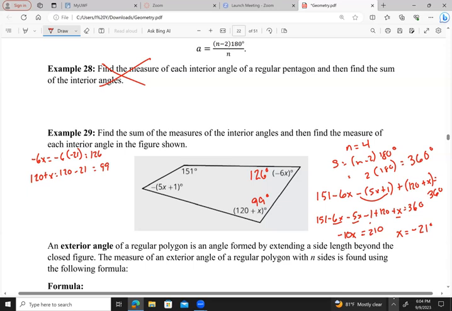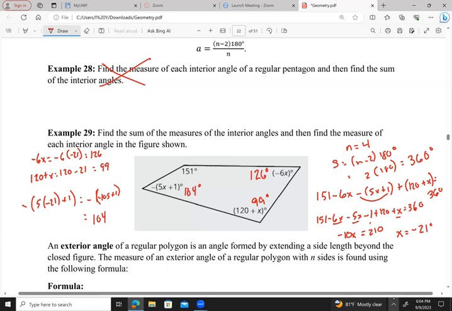And then we have negative of negative 21, oops, 5 times negative 21 plus 1, which is a negative of negative 105 plus 1, which would be 104. This would be 104 degrees.